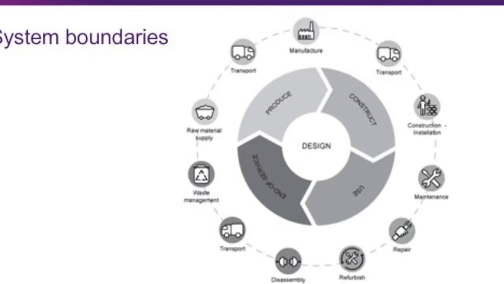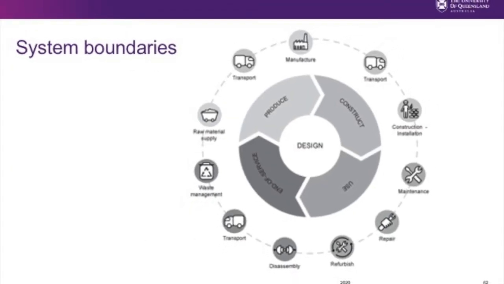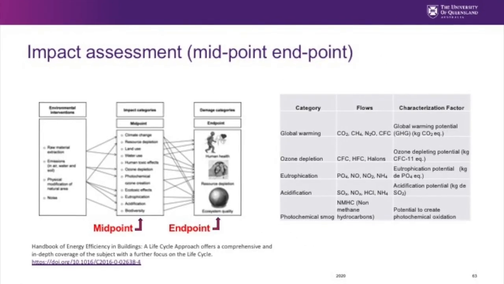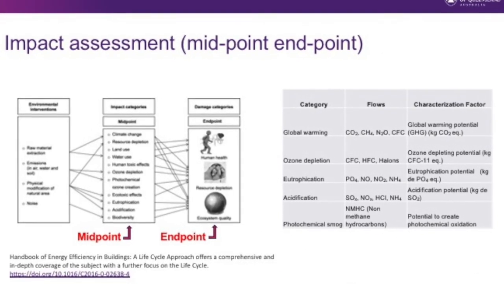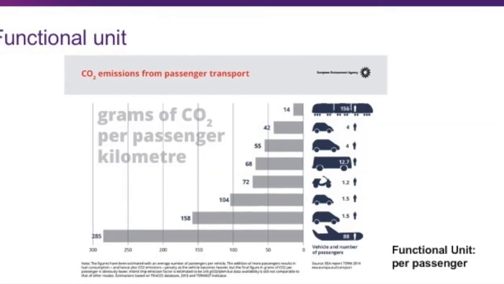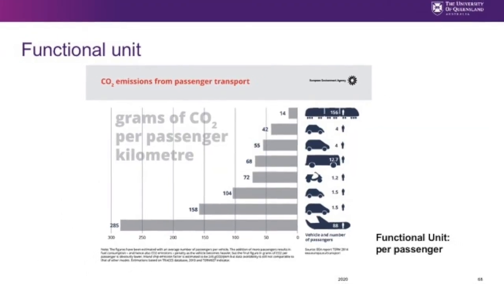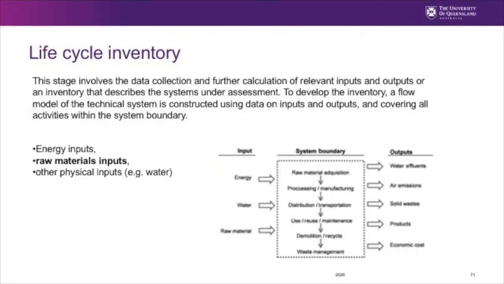So once we have decided the system boundary, the midpoint and the endpoint, or the impact, and also the functional unit, we can start developing the life cycle inventory. The life cycle inventory is the stage that involves data collection and further calculations relevant to inputs and outputs that describe the system under assessment.